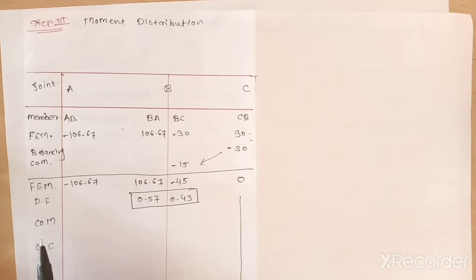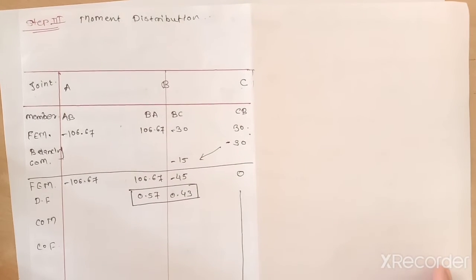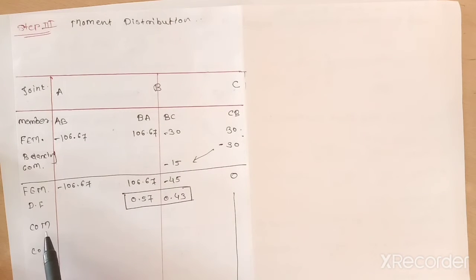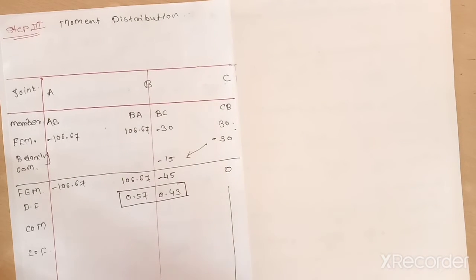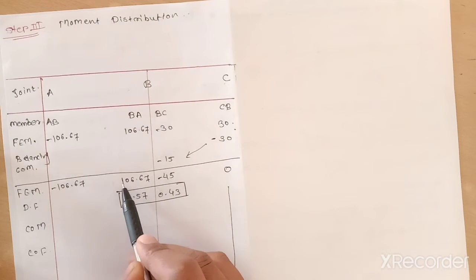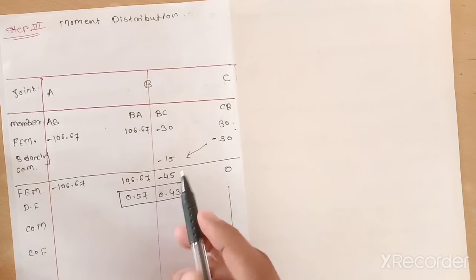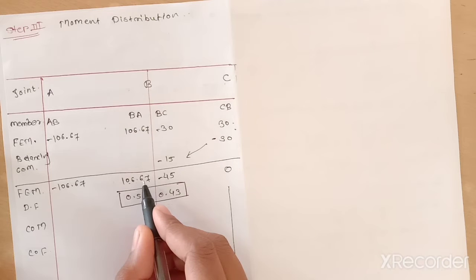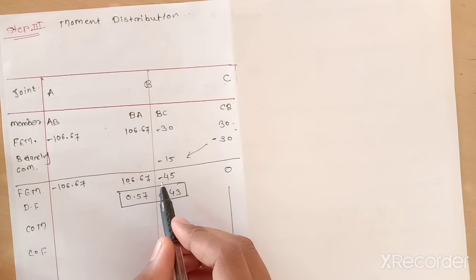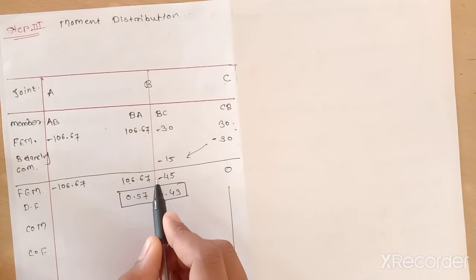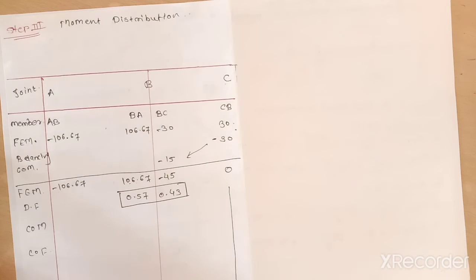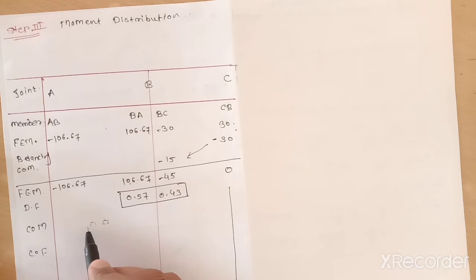Then next, coefficient of movement. Here adding these two values, 106.67 and 45. So here 106.67 minus 45, we take here minus sign because of already given. Okay, then 106.67 minus 45 is nothing but 61.67. Okay, 61.67. So this value is positive, so here we take minus sign.